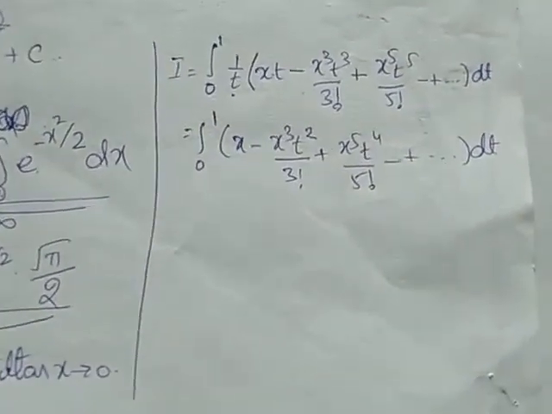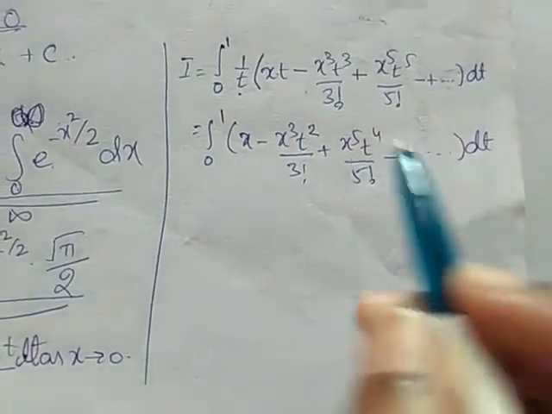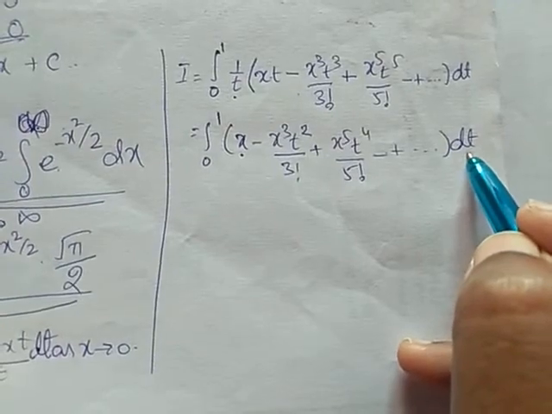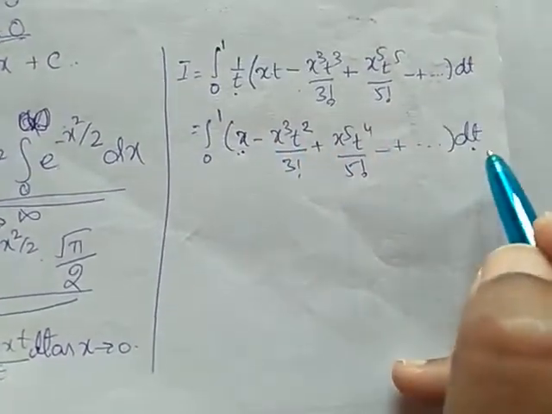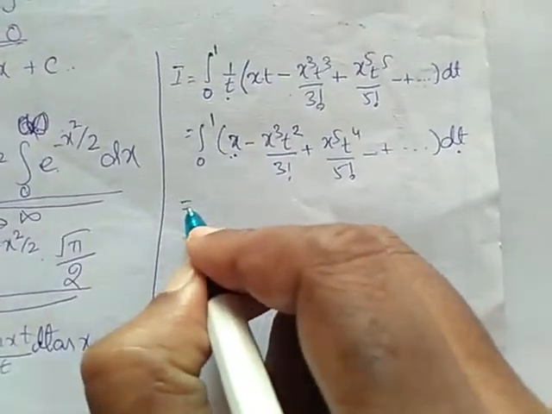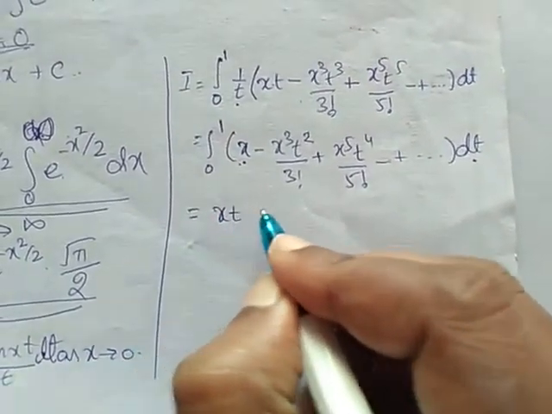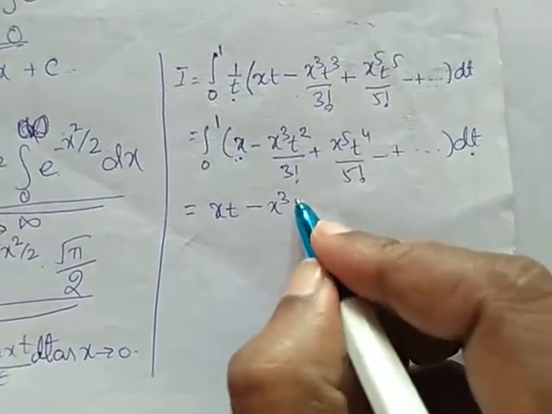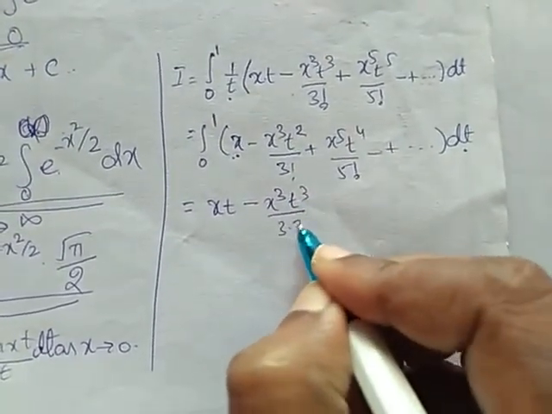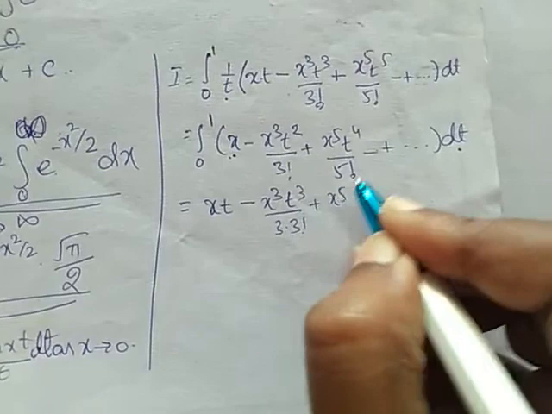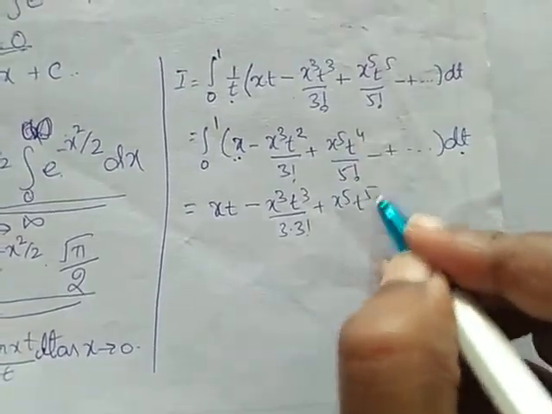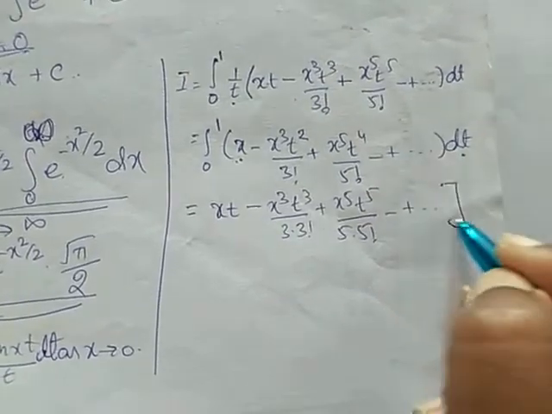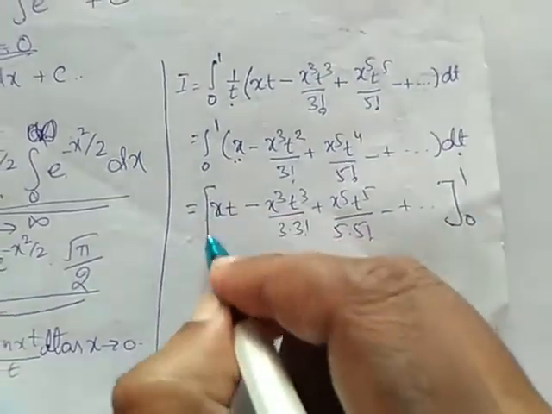Now we can integrate this. Integration of x with respect to dt: x is constant, integration of dt is t. So we will get xt minus x cube, integration of t square is t cube by 3, plus x power 5, integration of t power 4 is t power 5 by 5, etc., between the limits 0 to 1.